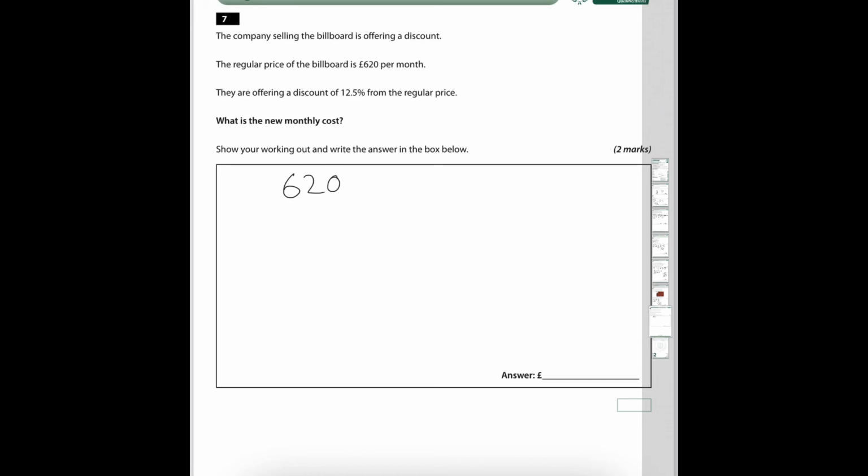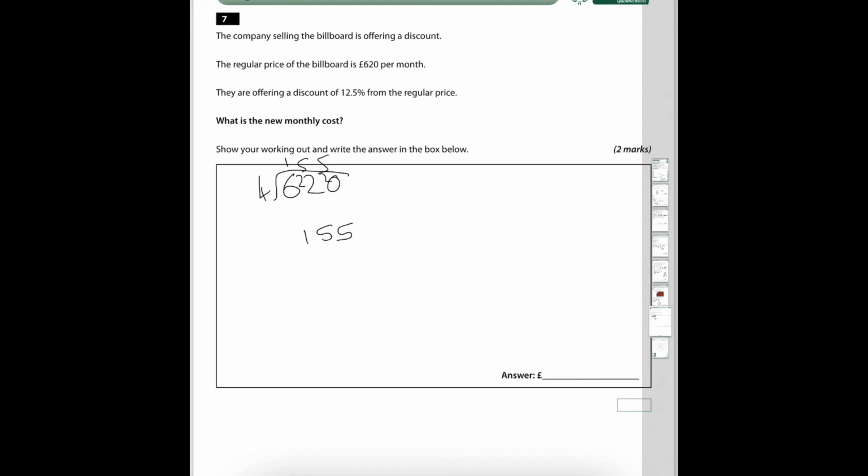If you were more logically minded, you could work that out that way. So you could say 620 divided by 4 is 155. So 25% is 155.